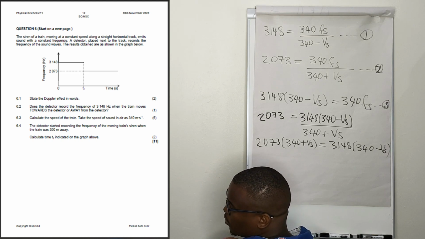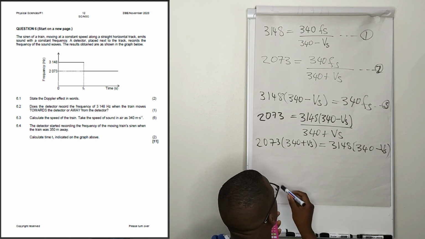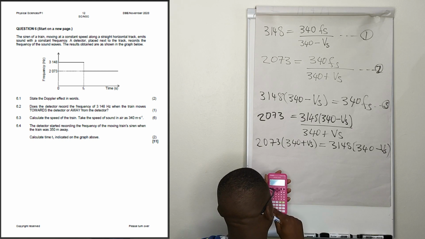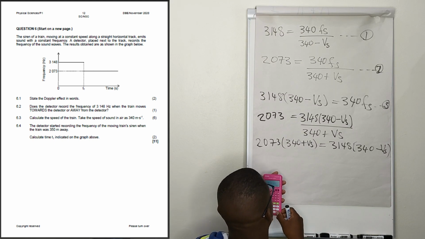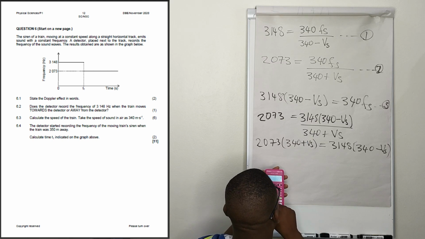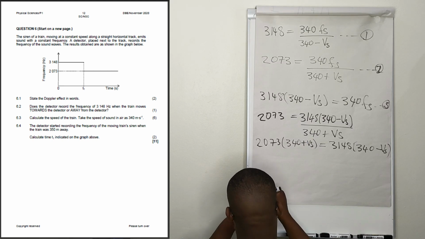This times this: 2073 times 340, what do we have?